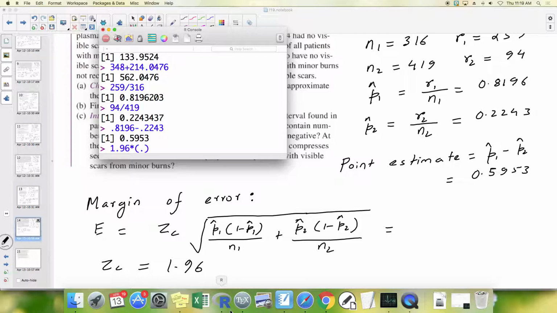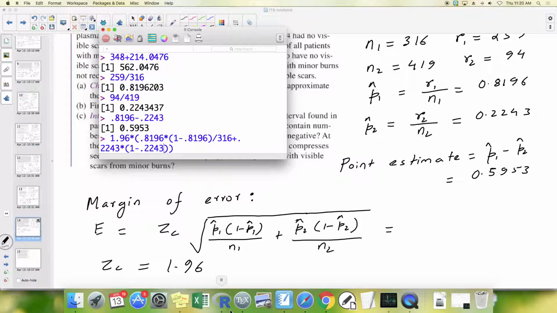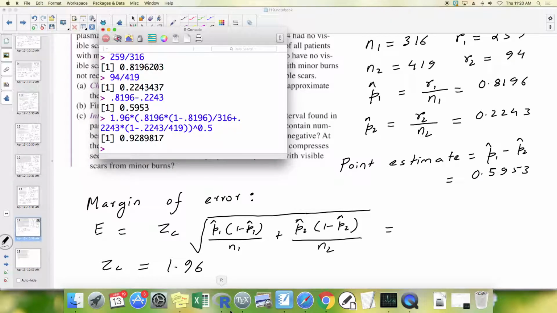So 0.8196 times 1 minus 0.8196 divided by N1, so 316, plus P2 hat 0.2243 times 1 minus 0.2243 divided by N2, so 419, and you take a square root of the whole thing. So 0.9289. All right.